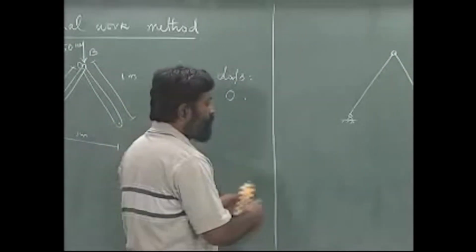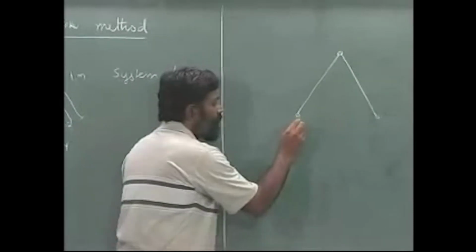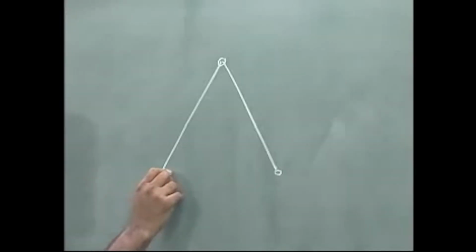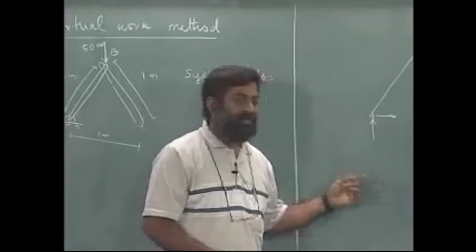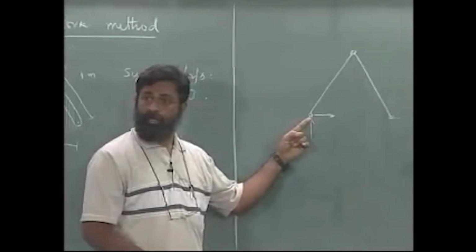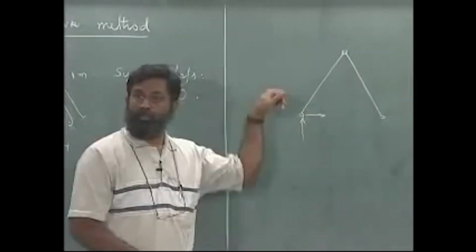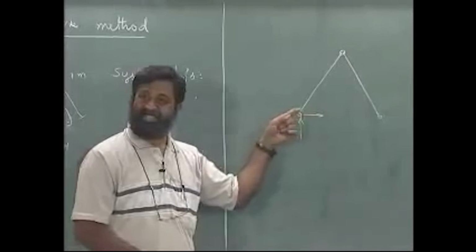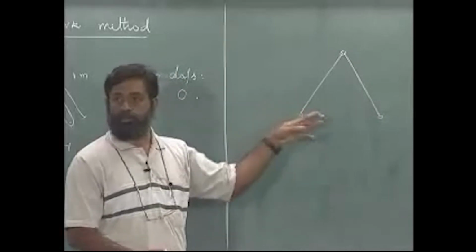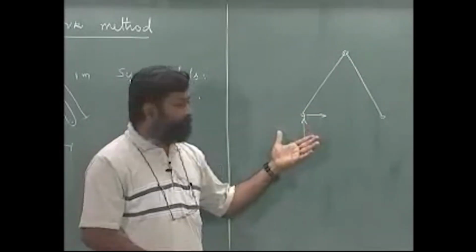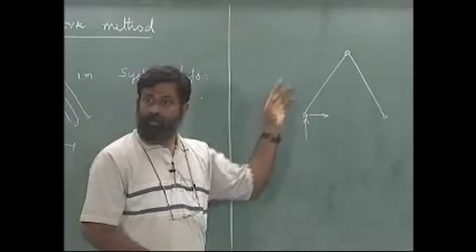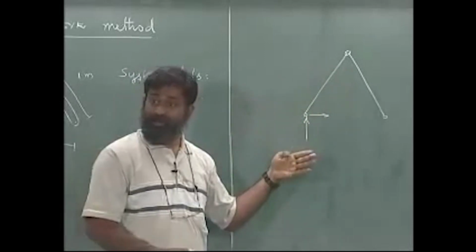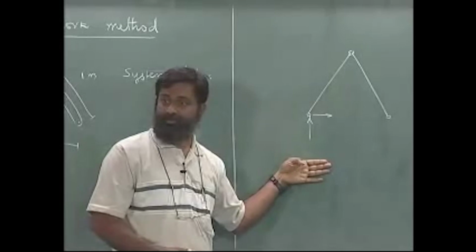The 2 degrees of freedom that you release are this direction and this direction movement. To put it the other way, the fixed frame basically freezes this point from moving in the 2 directions. The 2 directions can be x, y or x prime, y prime and so on, we have already done that. So, the body lost 2 degrees of freedom by fixing it to the fixed frame of reference.